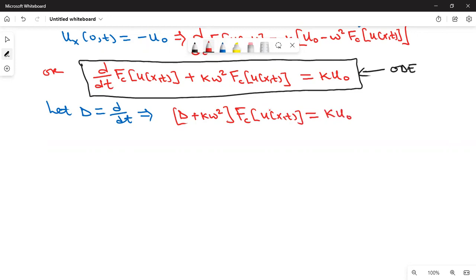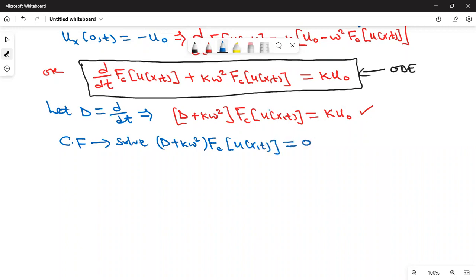Now, we are going to find two solutions, the complementary function and the particular integral of this equation. So we start by finding the complementary function. In this case, we need to solve D plus k omega squared operating on the Fourier cosine transform of u of x,t to give us 0.